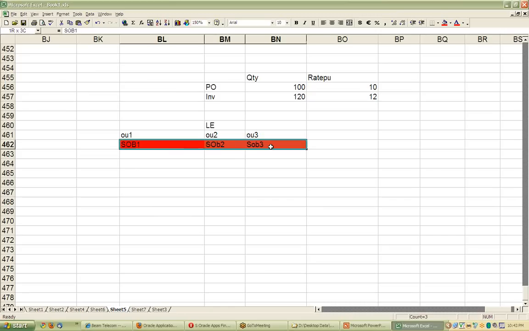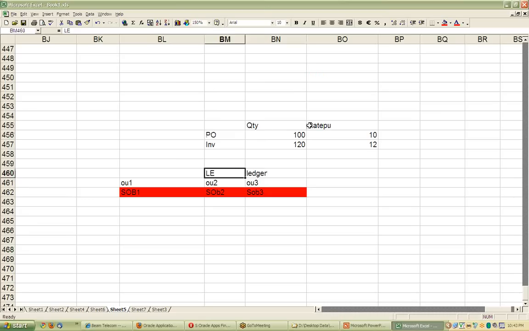But now this concept is done away. You no longer have the set of books. Instead, you have something called a ledger, and this ledger is at legal entity level. So when you map a ledger to a legal entity, naturally this ledger will percolate down to all the operating units within that legal entity.